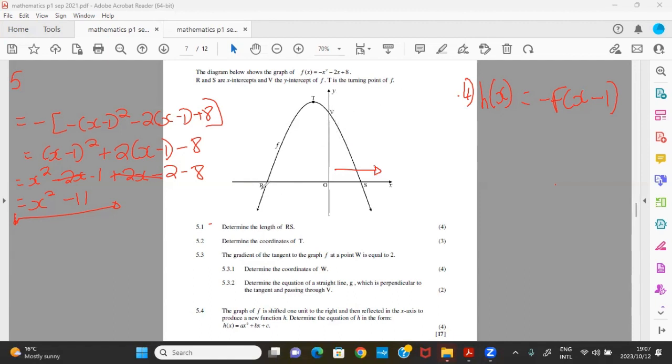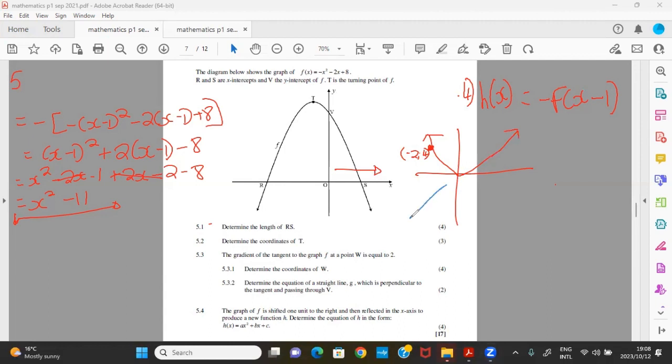So let's see. Let's say I have a graph here. And then I have a point, let's say it's minus 2 and 4. Then I say I'm reflecting about the x-axis.